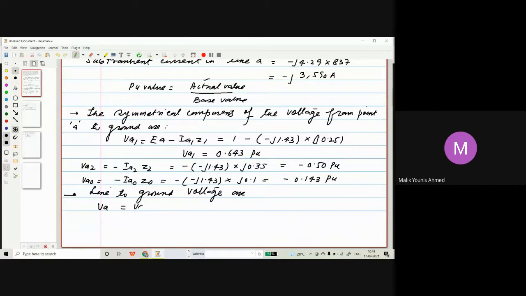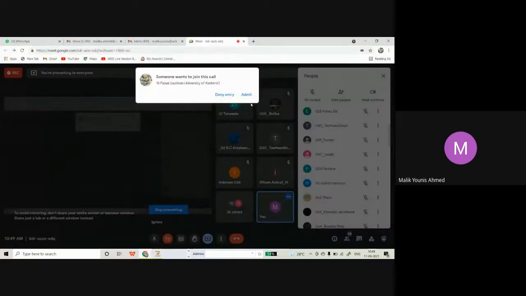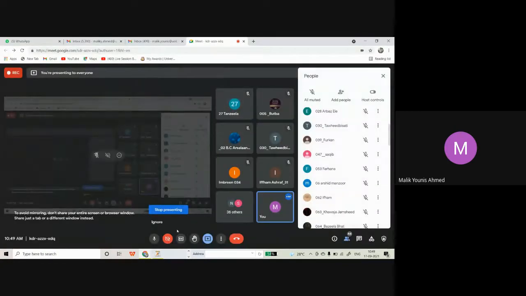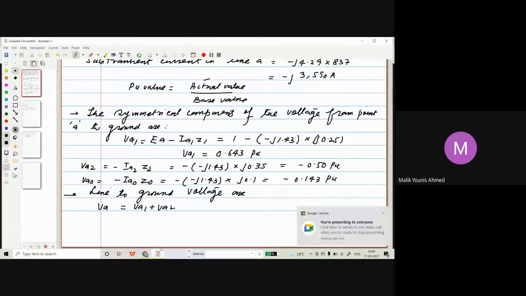VA is equal to VA1 plus VA2 plus VA0, which is 0.643 minus 0.50 minus 0.143. We have already got the sequence voltages, I'm just writing the values. And that value, if you check, should be 0.